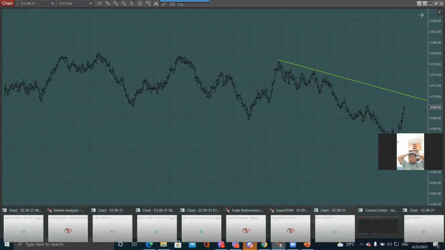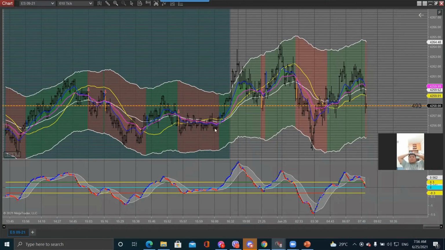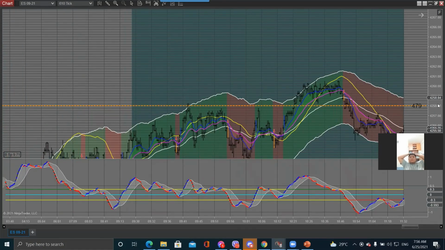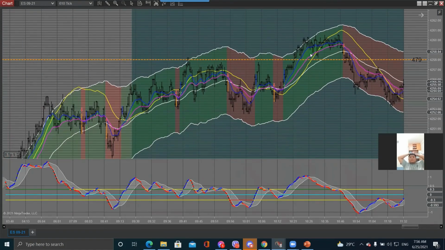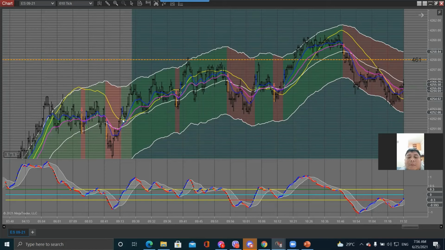Now, not so much here, but here it started off as grindy behavior, right? If I look at the micro, if I'm looking at grindy behavior here, there's one here, there's grindy behavior there. That's consolidation, right? Whereas when you see this direction up here, you see grindy behavior going to the upside right here.